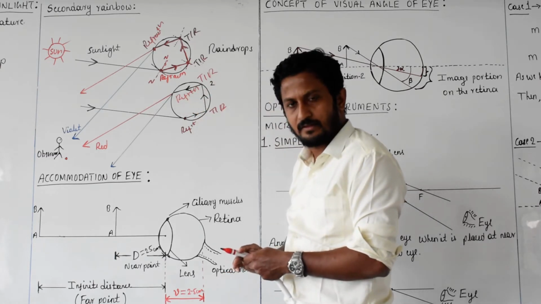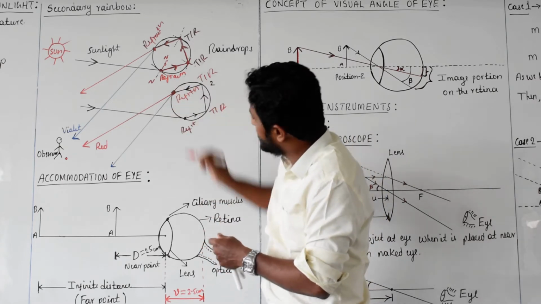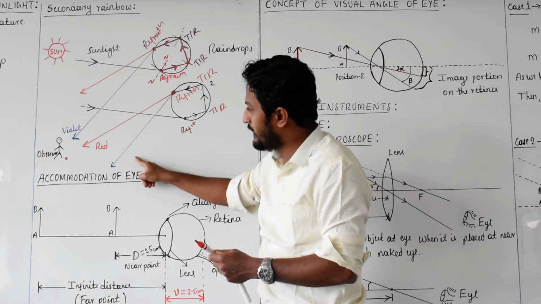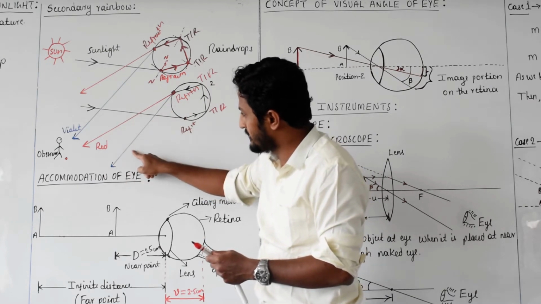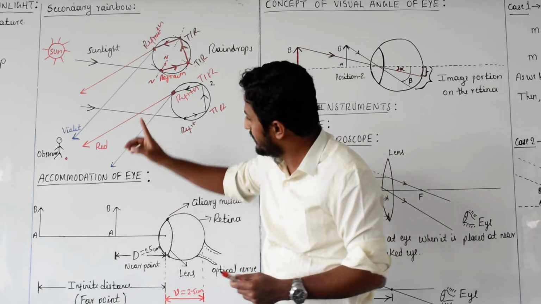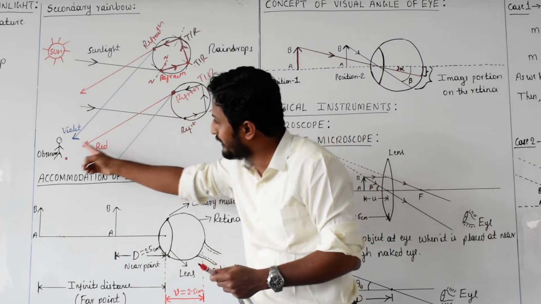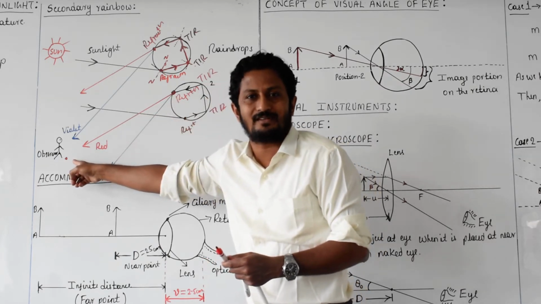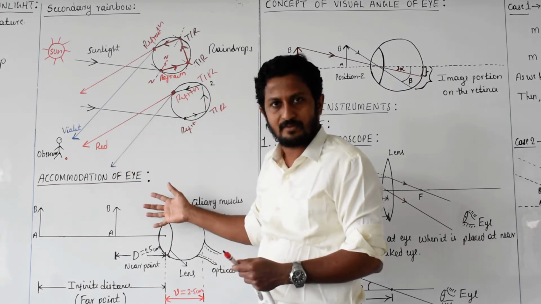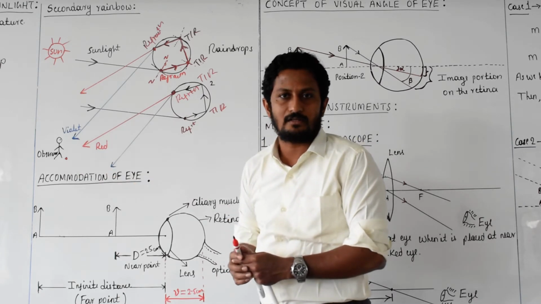You look at this point: between red and violet, this is violet. Between these two there are still 5 colors. From this water droplet, the red color is going to be received by the observer.